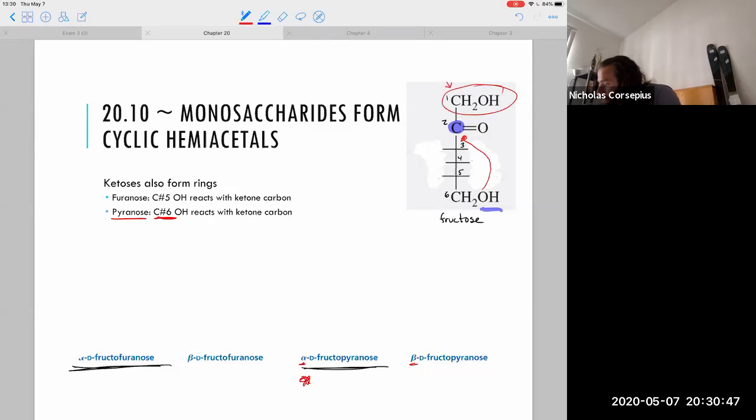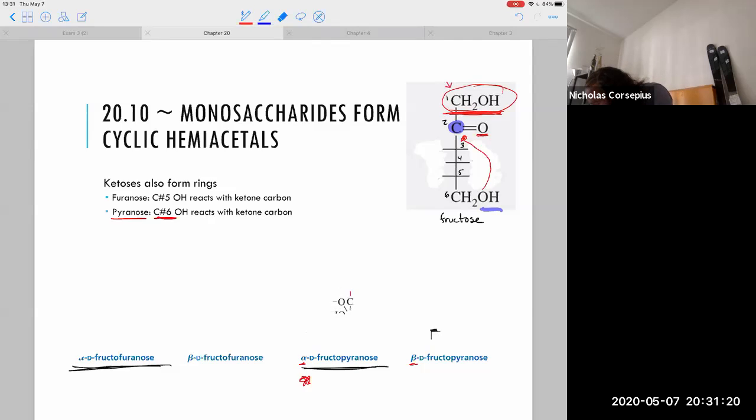Here, you have this group on top of your anomeric carbon as well. So your anomeric carbon is going to have an OH group as well as this other group sticking off of there. Right, so now there's going to be 2 groups pointing out of that anomeric carbon. One of them is going to be the newly formed OH group, newly formed alcohol group. But now because it's a ketose, we have this existing carbon 1, this CH2OH, to worry about as well.